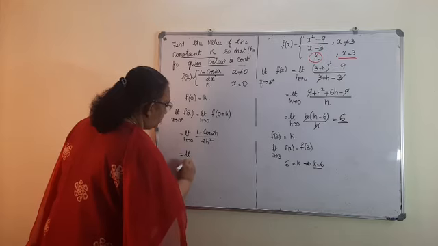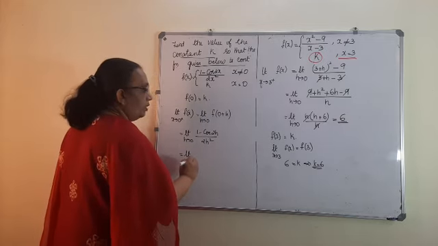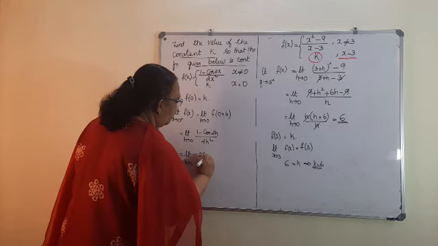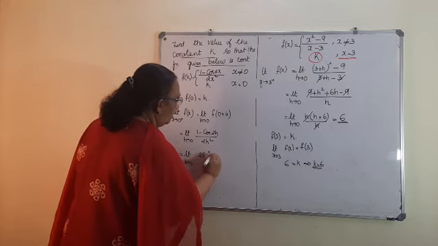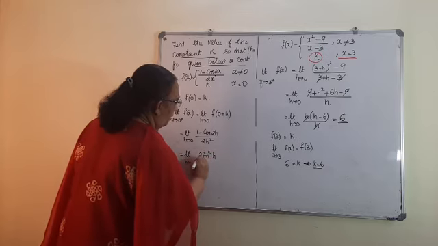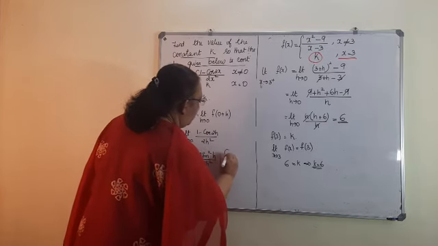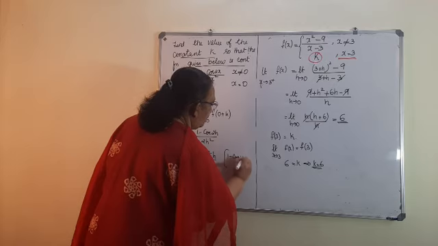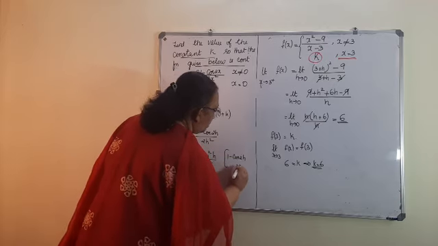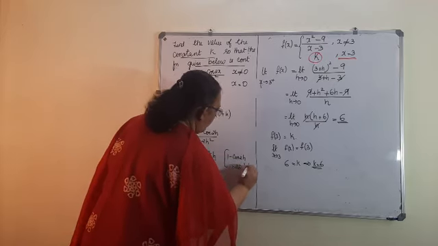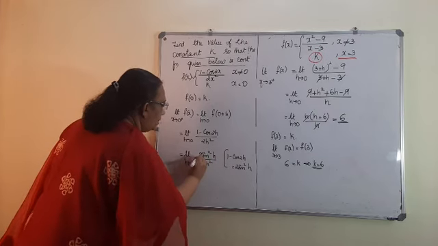Limit h tending to 0, 1 minus cos 2h is equal to 2 sin squared h divided by 2h squared. The reason is 1 minus cos 2h is equal to 2 sin squared h. 2 and 2 cancel.